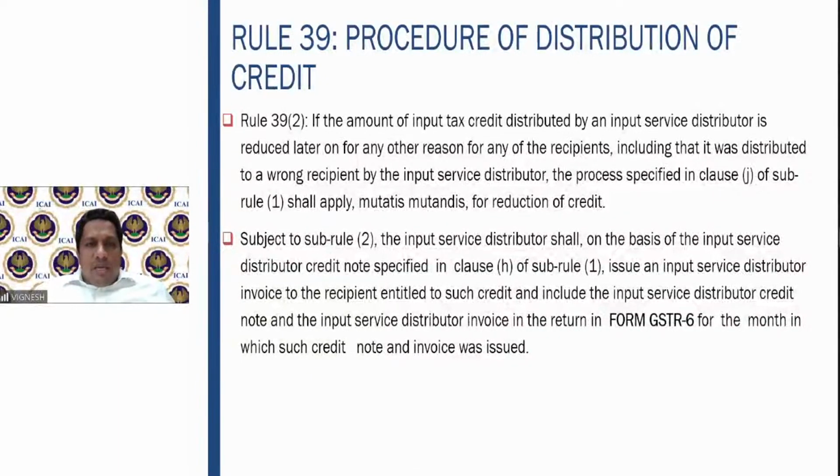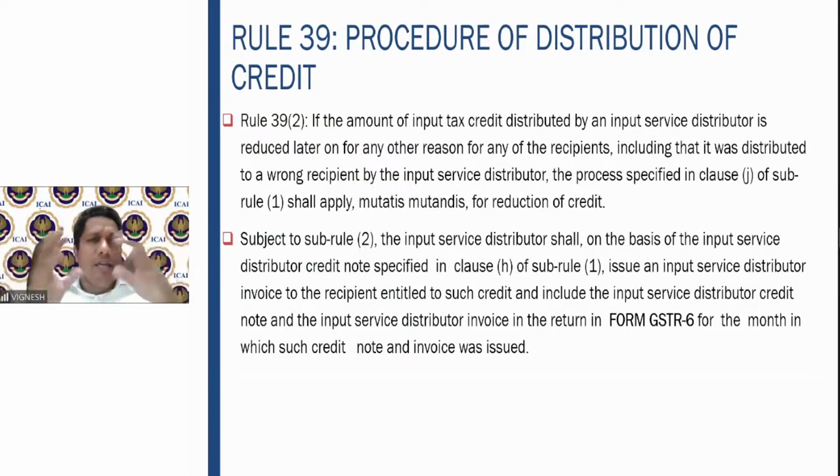Sometimes the amount of input tax credit distributed by the ISD is reduced later on for some other reason for any of the recipients. Sometimes a wrong recipient would have been entered. In that situation, the same process applicable to the credit note will be followed. Then, subject to this rule, the ISD will issue an ISD invoice to the recipient entitled to such credit, and also include the ISD credit note and invoice in GSTR 6.